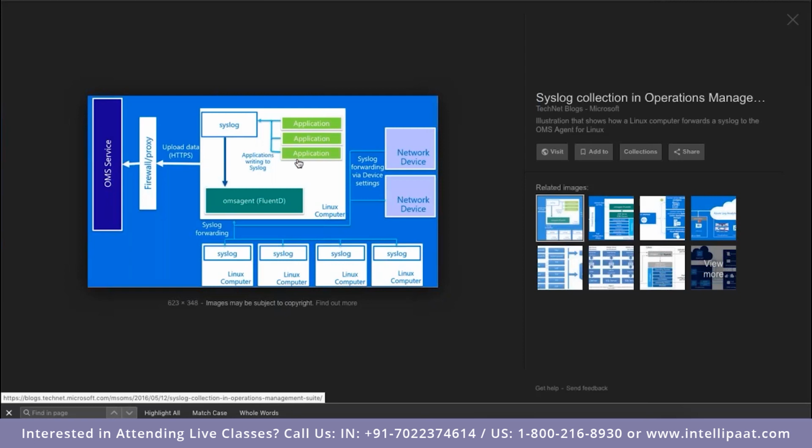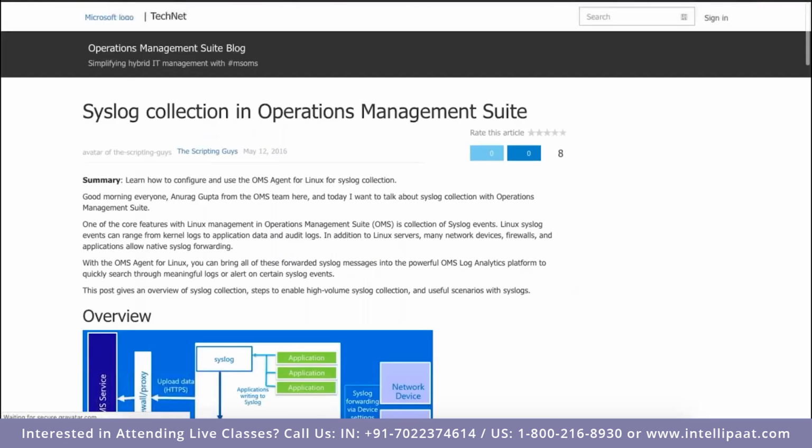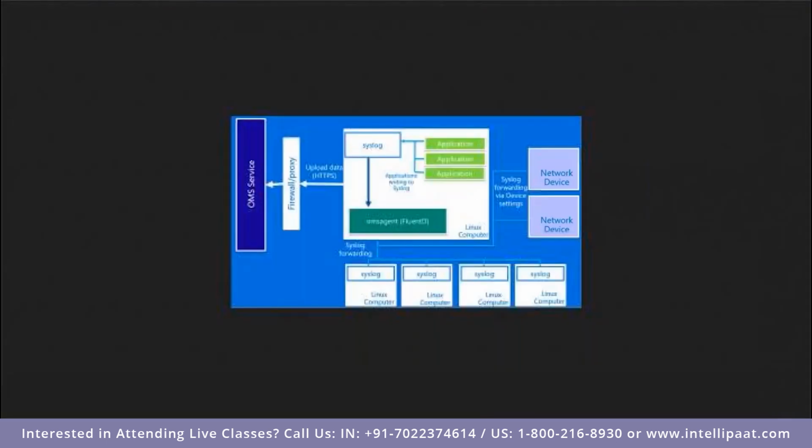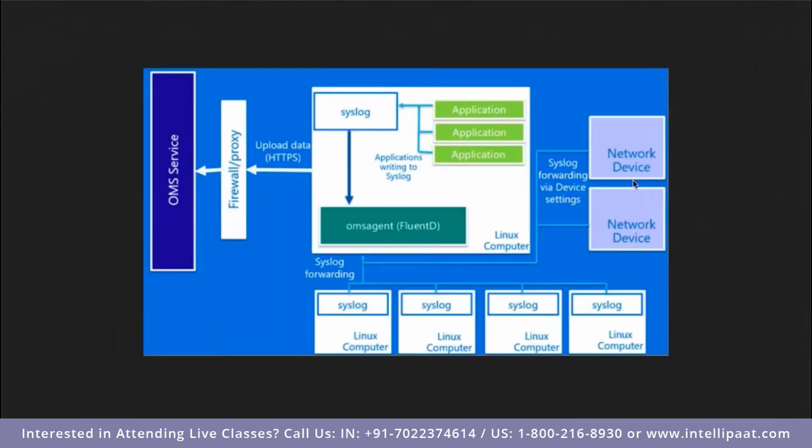So if you see here the respective diagram, I will slightly enlarge this. You have here network devices, you have here Linux computers. All these are redirecting into this particular box. This is another Linux computer, correct? So here, these are systems.